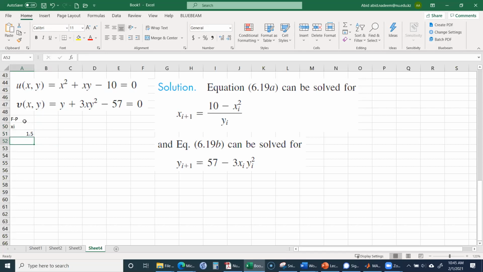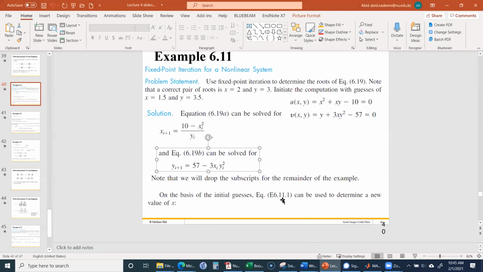From x is equal to 1.5, and then yi as the starting value I'm taking equal to 3.5. So this is what was done over here.